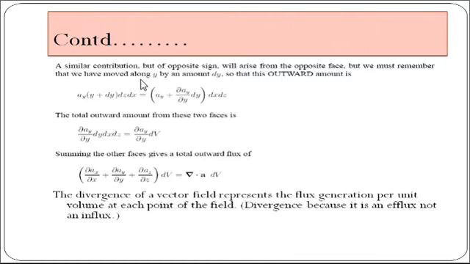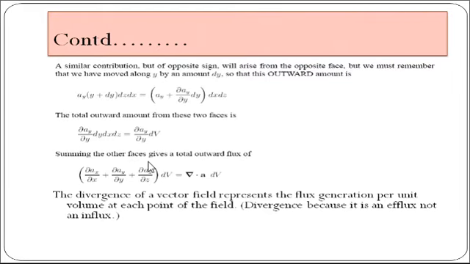A similar contribution but of opposite sign arises from the opposite face, but we must remember that we have moved along y by an amount dy, so this outward amount is Ay(y plus dy) dz dx, that is, Ay plus dou Ay by dou y dy, times dx dz. So the total outward amount from these two faces is dou Ay by dou y dy dx dz, which is dou Ay by dou y dV.